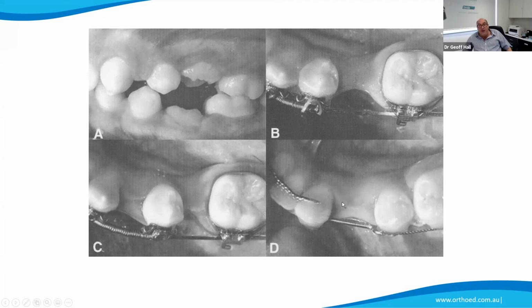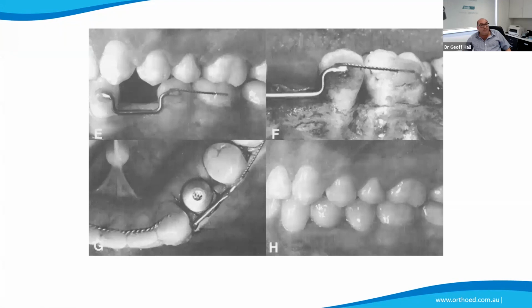So now you can go ahead and put an implant in there without any bone grafting, etc. So once again, another option for you guys if you want to avoid bone grafting, etc. And then you may say, but Geoff, I need to hold it. How do I hold it? Well, there's simple ways that we can do it, where we can just bond wires on to hold it until they're ready for the implant. And we put the implant in. Another case of Vince Kokich's. But I'm just trying to give you some different options to understand what you can do when you've got these missing teeth.